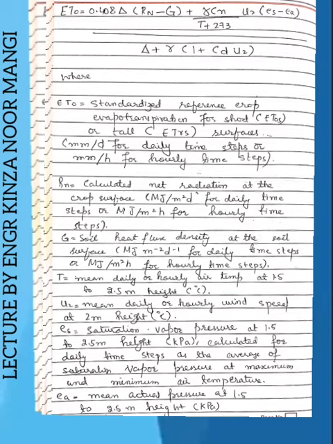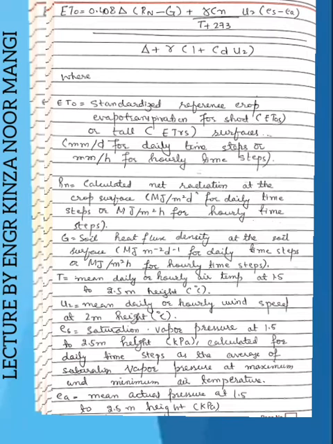One thing I want to tell you here is this constant, 0.408. Rn is the calculated net radiation at the crop, and radiation is a kind of energy, so its unit is megajoules per meter square per day.